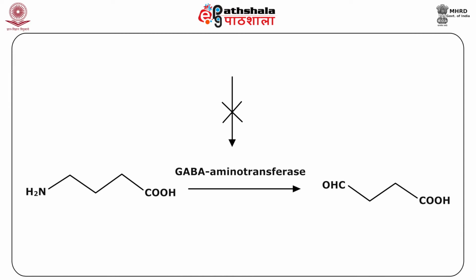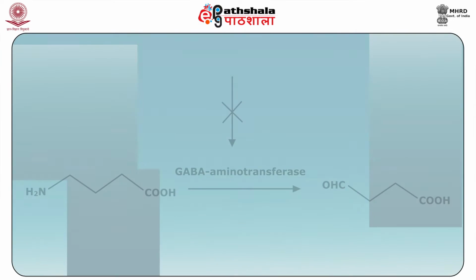So, inhibition of the gamma-amino transferase enzyme results in increased concentration of GABA, ultimately leading to production of anticonvulsant effects. Now students, here you can see we have depicted this figure.